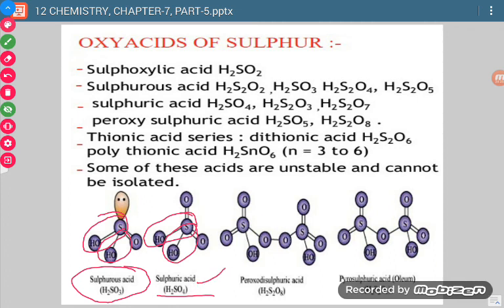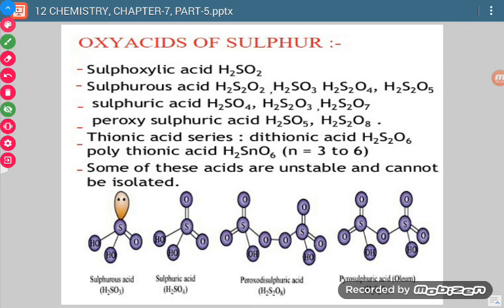If we talk about peroxodisulfuric acid, then there are again two SOH bonds. So it is again dibasic. If we talk about oleum, which we discussed just now, there are also two SOH bonds. So it is also dibasic in nature. So what do we mean to say?